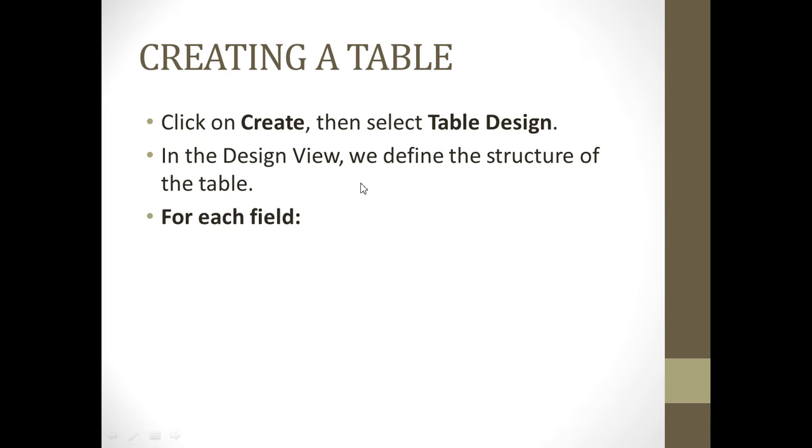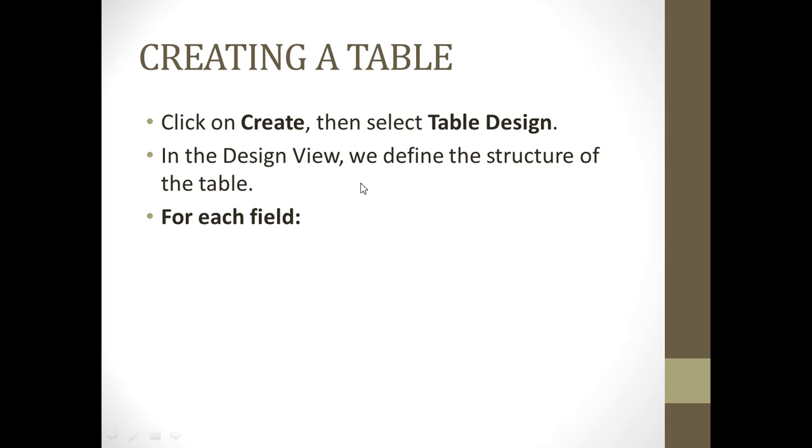Every table has rows and columns. Each column is a field, and each field is an information or attribute of the entity you want to keep data about. Assuming you have a customer table, what information do you want to keep about the customer?